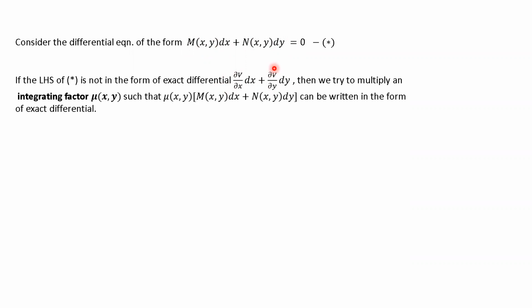So the strategy here is, suppose indeed it's not in this form, but we try to multiply by a function, which we again call the integrating factor, such that the equation after multiplying by this integrating factor can be written in the form of an exact differential.